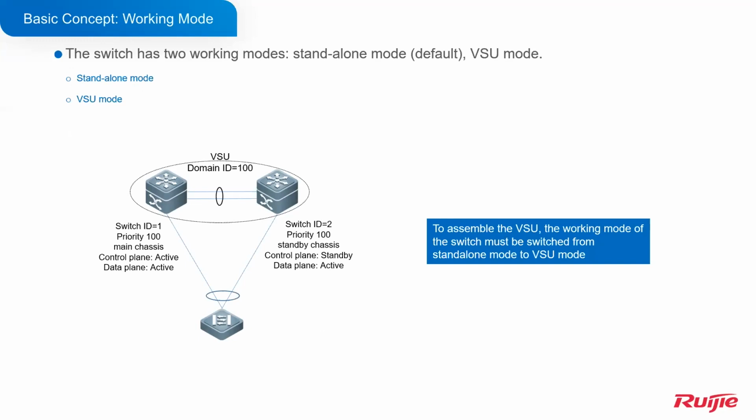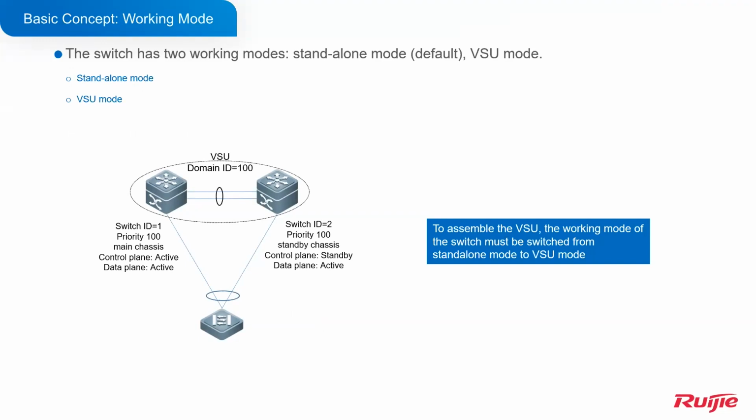If you deploy the VSU, the switch will have two working modes. One is standalone and the other one is VSU. If you use the switch for the first time, when we start the device, the working mode is standalone. That means all the switches work independently and calculate automatically.